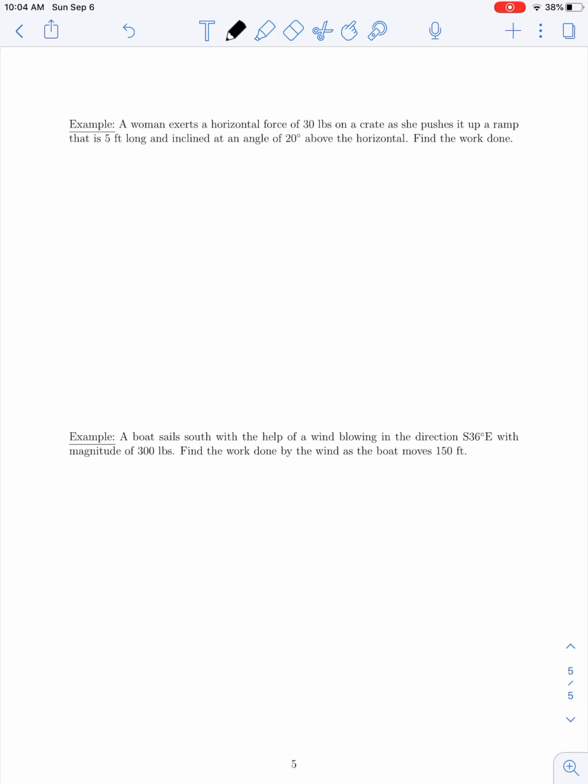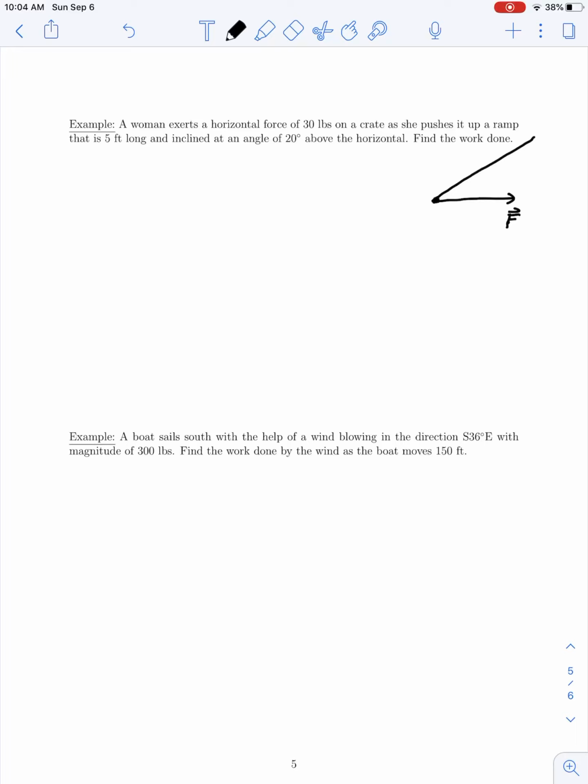So we're told that a woman is exerting a horizontal force on some crate. So let's say that we have a crate, and this woman is exerting a horizontal force, which I'm going to denote as F, on this crate, and it's being pushed up a ramp which is 5 feet long.